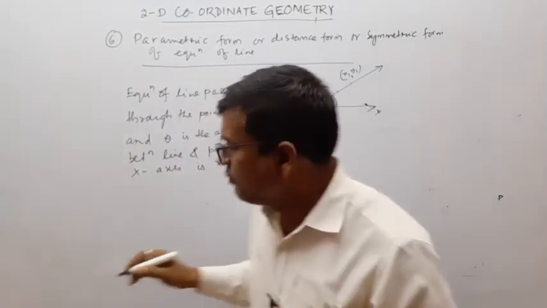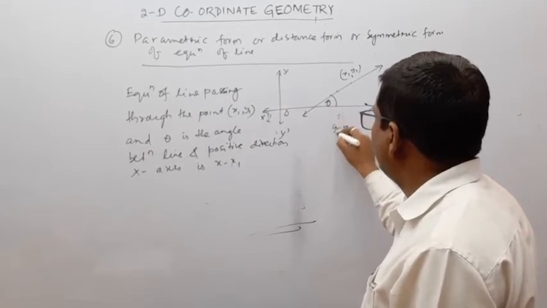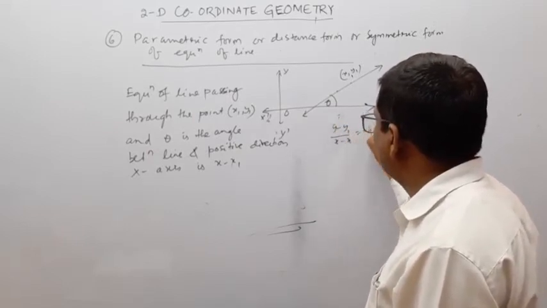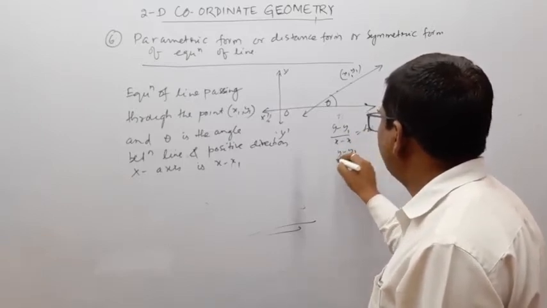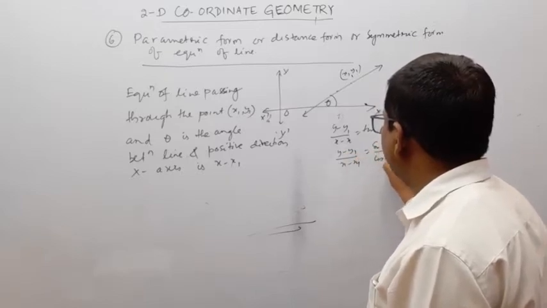What is slope? Slope means tan theta. So y minus y1 by x minus x1 is equal to tan theta, that is sin theta by cos theta.